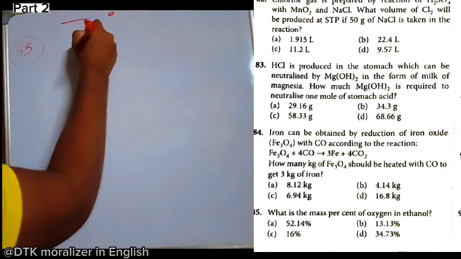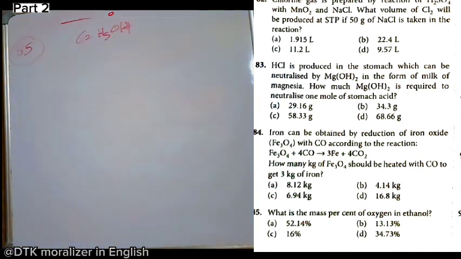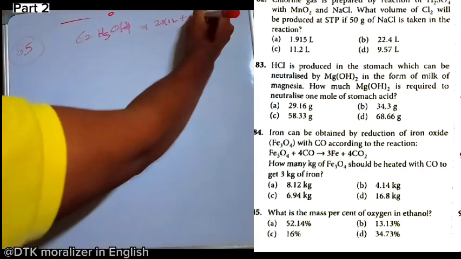Question number 85. What is the mass percentage of oxygen in ethanol? So C2H5OH is ethanol.